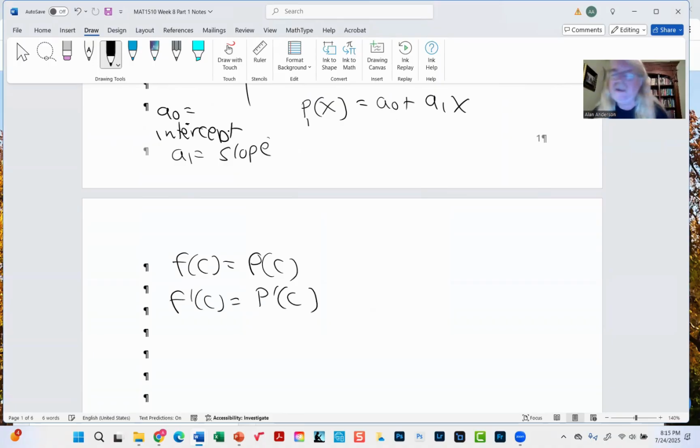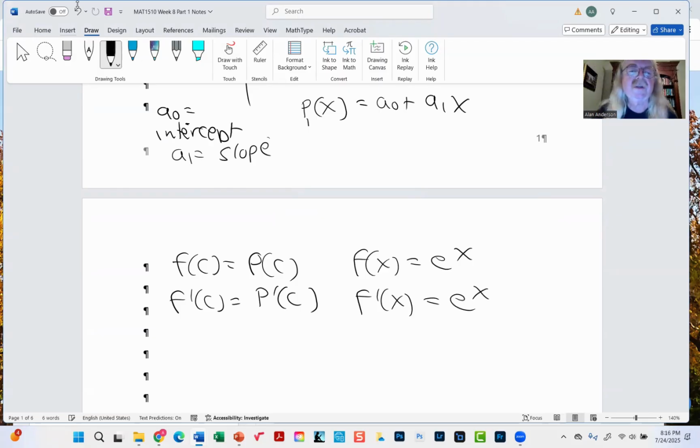All right, so we know that f of c is e to the c. Actually, let's do it this way. Let's just write it as f of x. Then we can find the c later on. Okay, so those are both, of course, equal to each other.